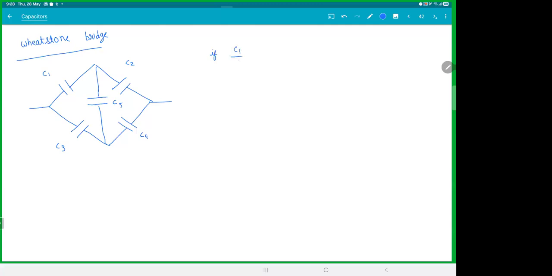If C1 by C2 becomes equal to C3 by C4, or you can write it like this also, C1 by C3 equals C2 by C4, same thing. Then C5 can be removed. So your circuit becomes like this, which becomes easy to solve.